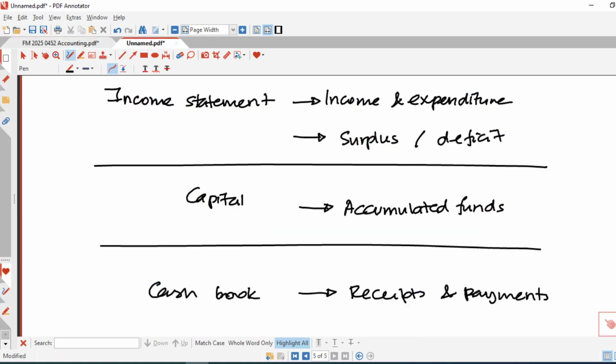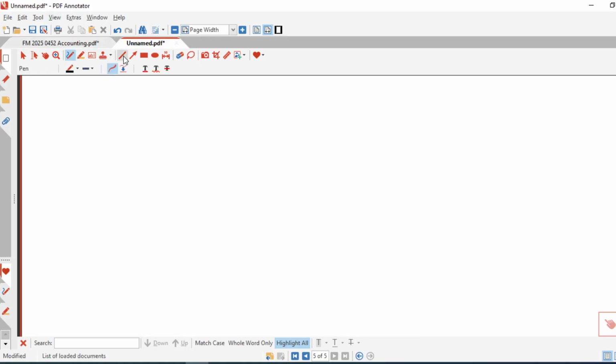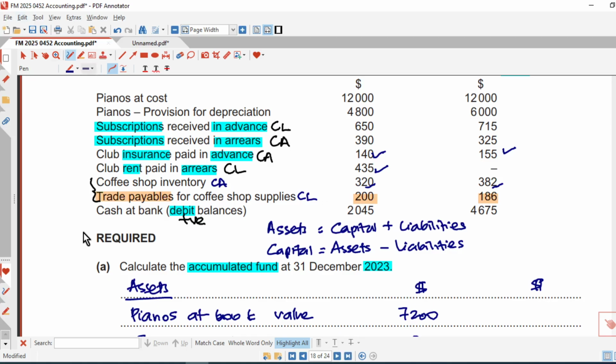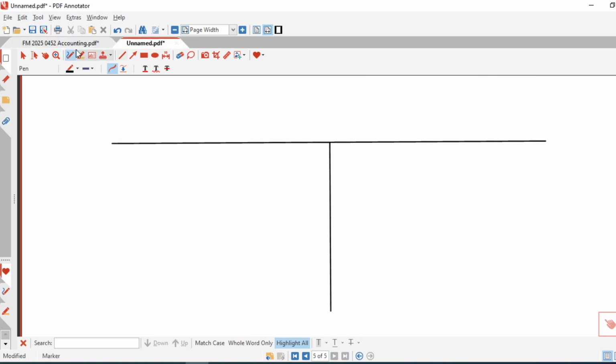Can we calculate something out of this? I believe we can. So I'm going to use a ledger here. I'm going to make this very simple. So my opening trade payables, I have 200. Let's bring that in. Sorry, it should be on the credit side since they're a liability.